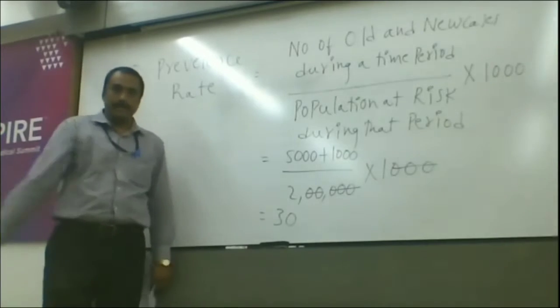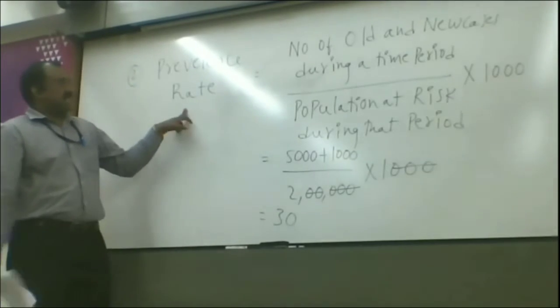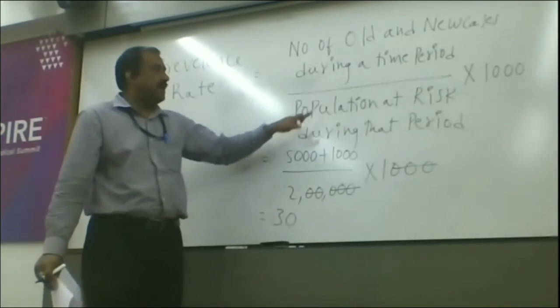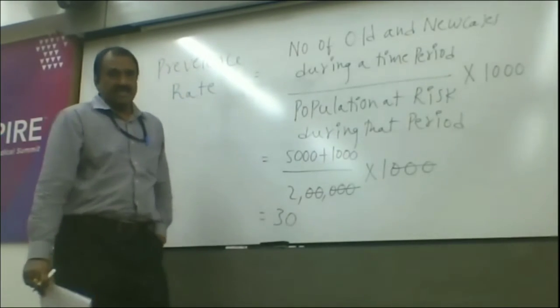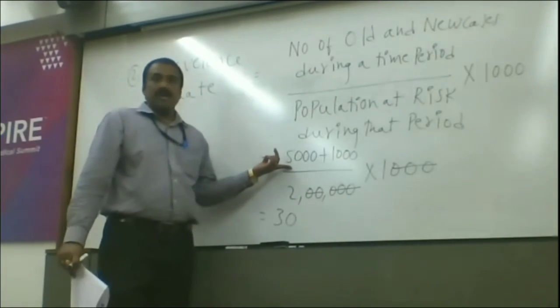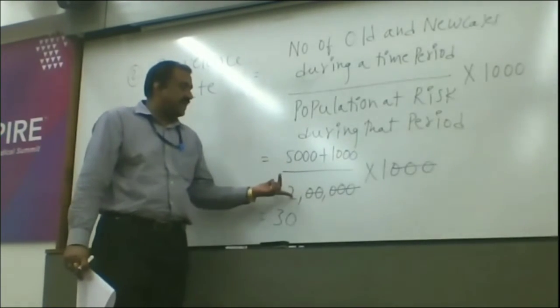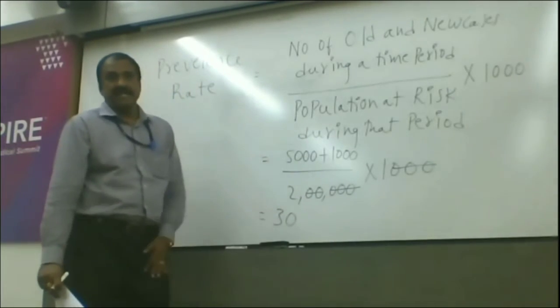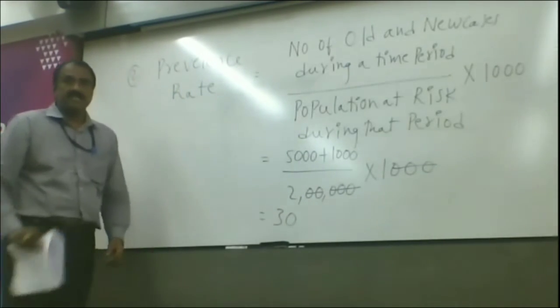Please go through. Prevalence rate is equal to number of old and new cases during a time period divided by population at risk during the same time period into 1,000. And here the total number of old and new cases is 6,000 divided by 2 lakhs into 1,000. And finally we are getting the prevalence rate is 30.